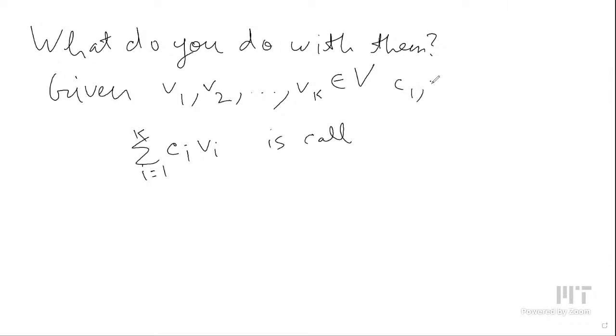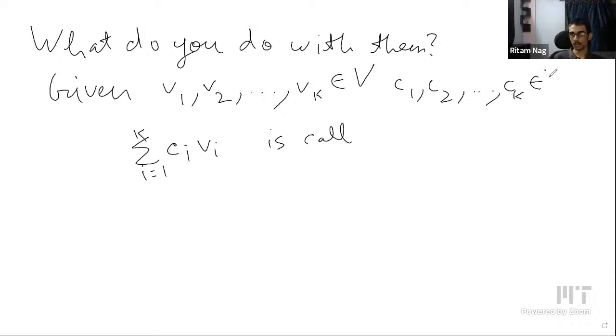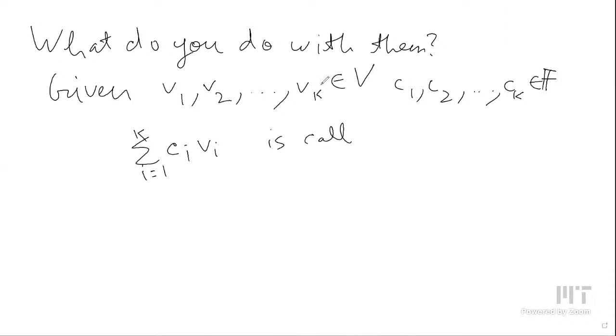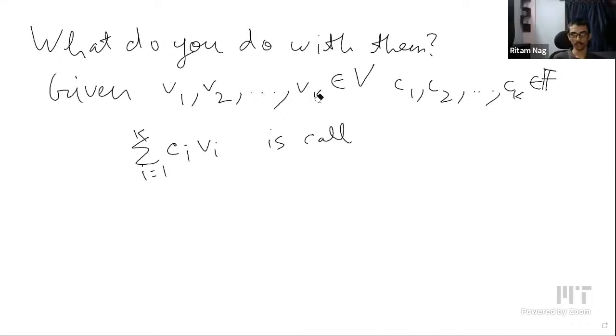And c1, c2, ... are scalars. Is V the vector space over F2 or any general vector space? Or any field F. Actually, let me do some renaming. Let me call the field K, which is usually what is used, and I'll replace this subscript with m because that's more traditional.